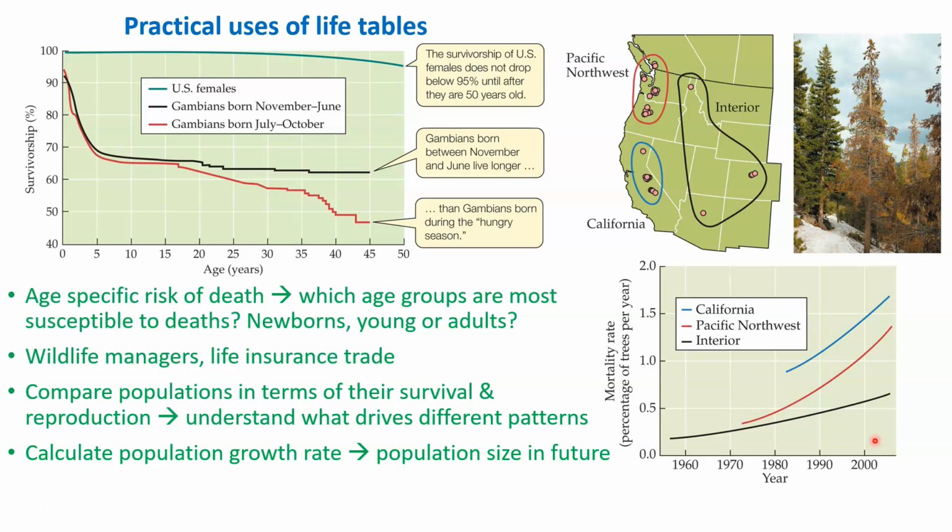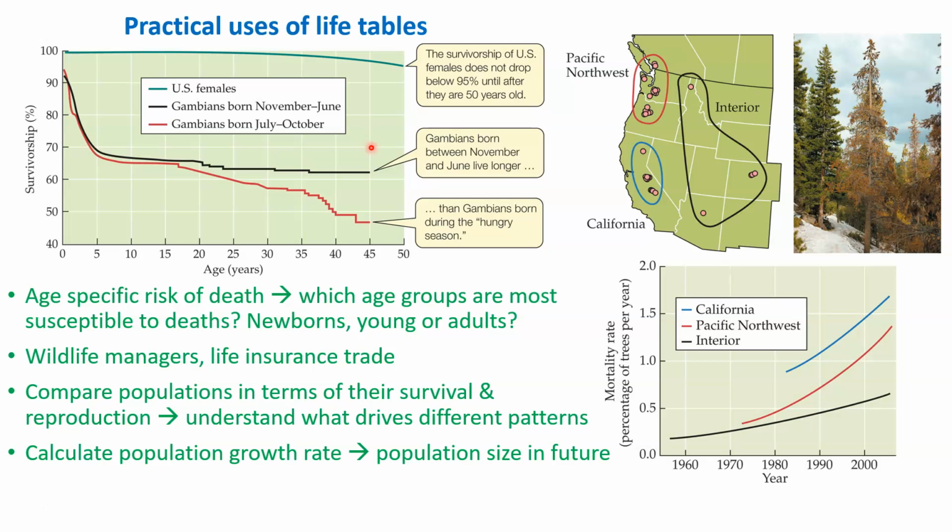And also, if you look at the top image, you're looking at the same species, human populations. We are comparing US female survivorship versus Gambian populations. And we are splitting the Gambian population into two cohorts. One born during the so-called hungry season, which represents the drought season, and the one that was born afterwards.